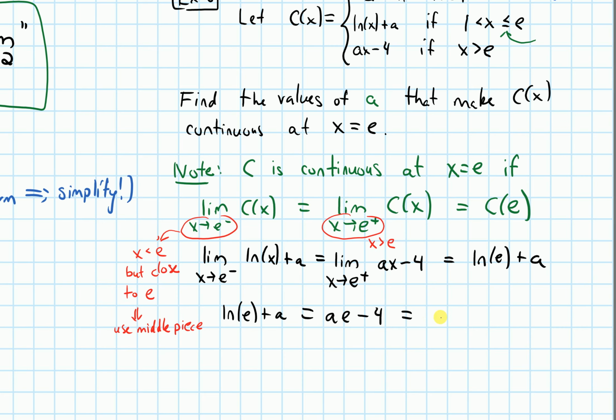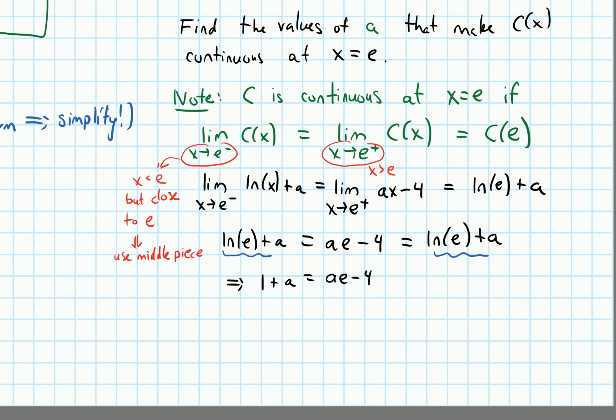And on the right, I can simplify it, but let's just keep it as it is right now. So it's ln of e plus a. I see two of these ln of e plus a terms, so I don't need to write it twice. Let's just simplify that ln of e plus a. So ln of e is 1, and then I have plus a. And this equals a times e minus 4.